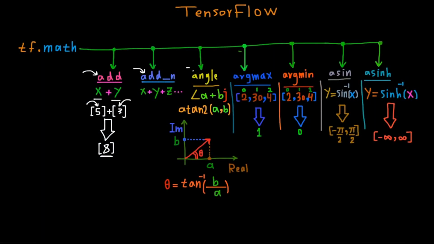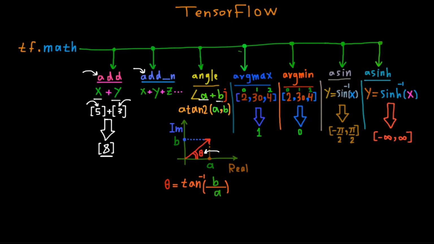Now let's take angle function. This function returns the element-wise argument of a complex or real tensor. And by argument, I mean the angle theta. Let's say we have a tensor with just one element, which is a complex number, a plus bj, where a is the real part and b is the imaginary part.